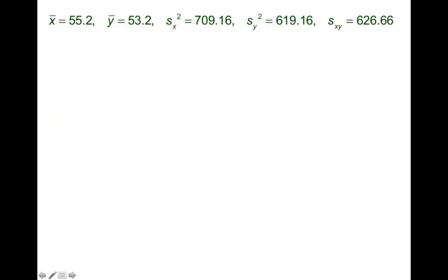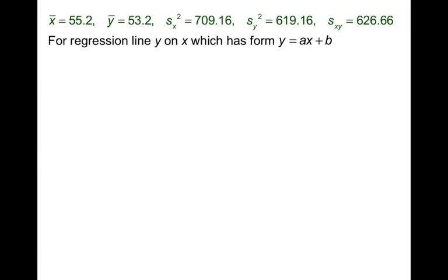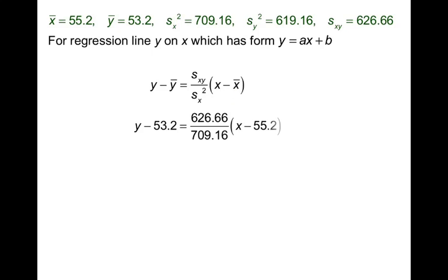Okay. Those are all the important values which I've just calculated, and now we're going to calculate the regression line. So we do y on x, which is this form, y is equal to ax plus b, and it's calculated using this formula here. Okay, this one is the covariance, and this is the variance of x. This is the mean of y, and this is the mean of x. So putting the numbers in, we get that.